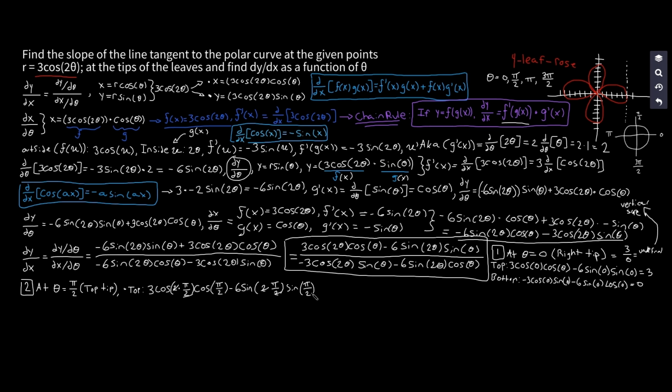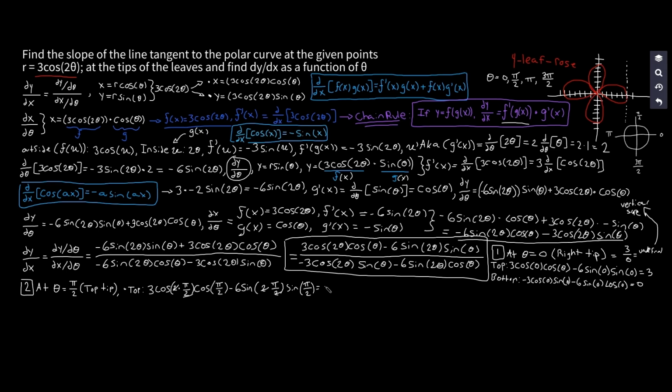And what's going to happen? Well, cosine of pi is -1, right? We're doing this at the top. Cosine of pi is -1.